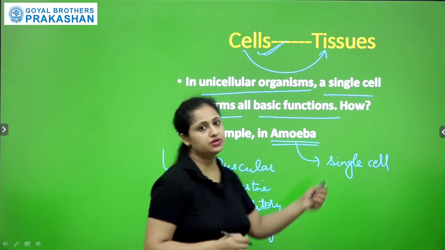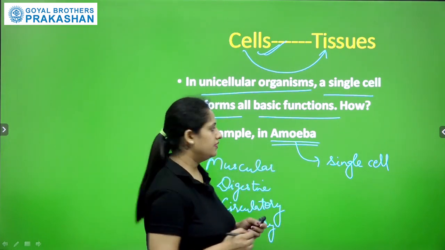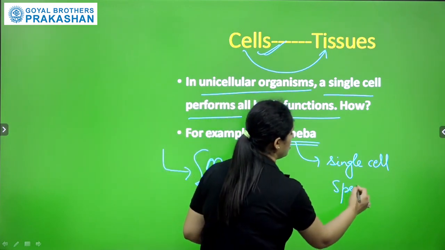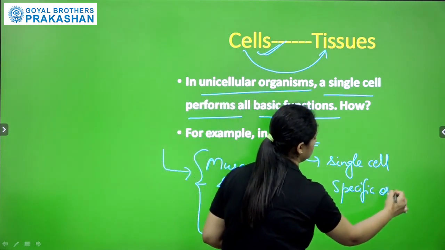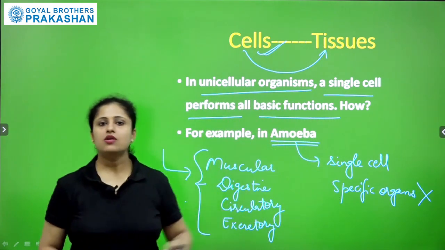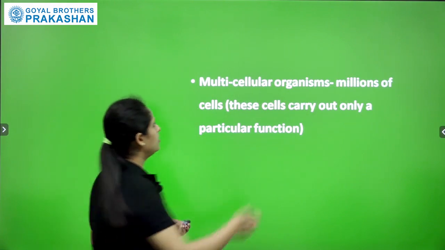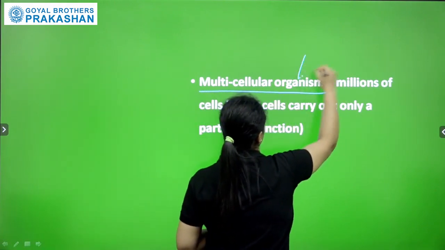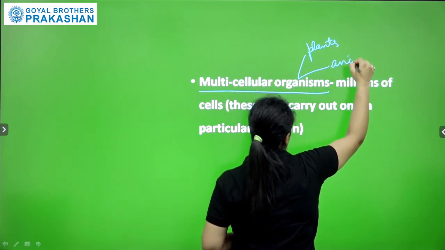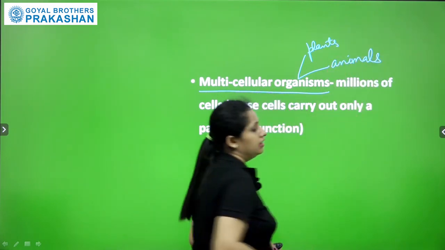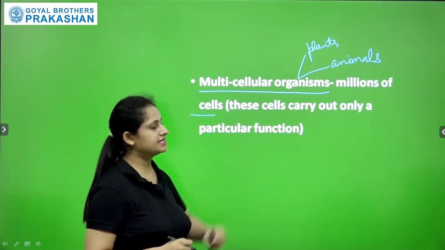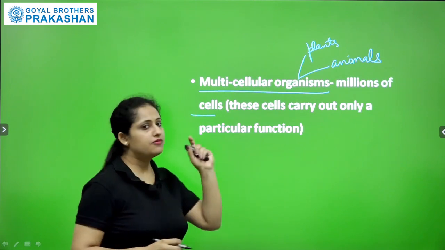But in the case of unicellular organisms, their body is not well developed. They don't have specific organs. So, specific organs are lacking in unicellular organisms. Multicellular organisms, they could be plants or animals, are made up of millions of cells, and these cells carry out only a particular function.